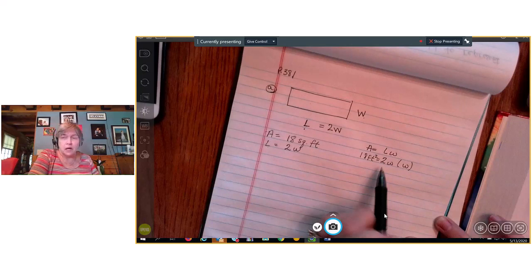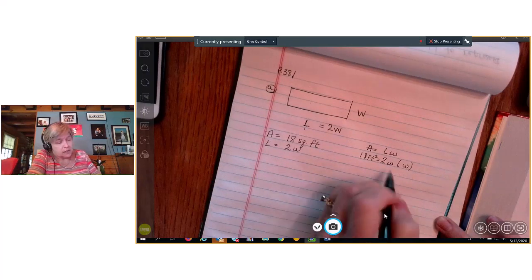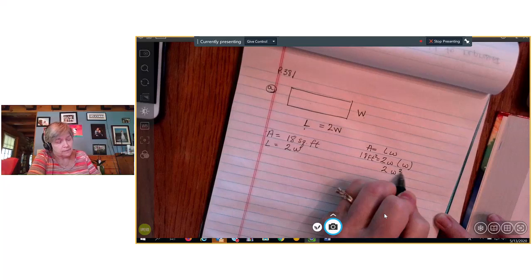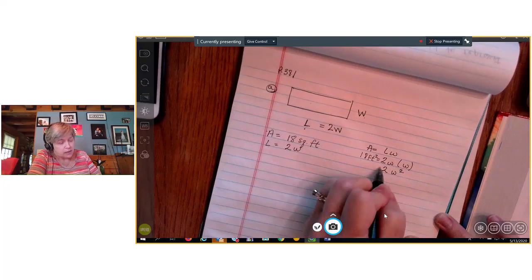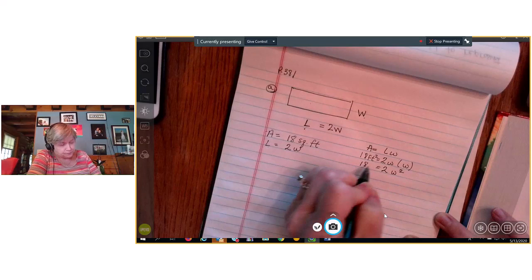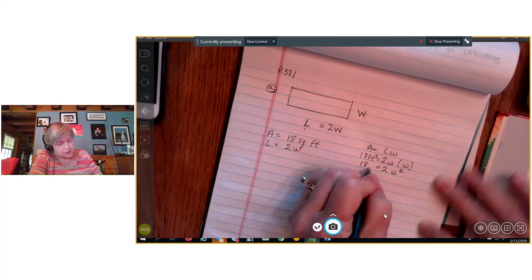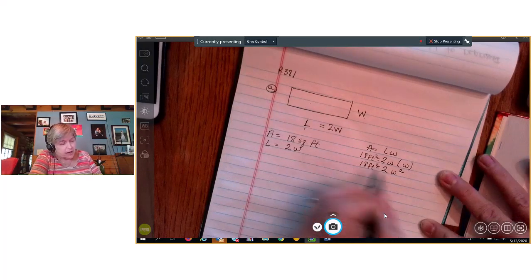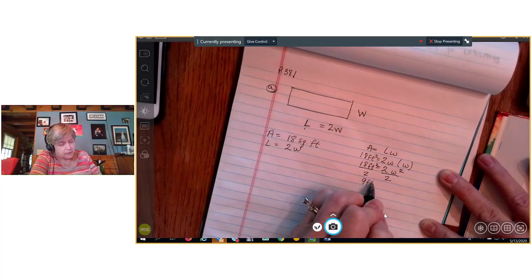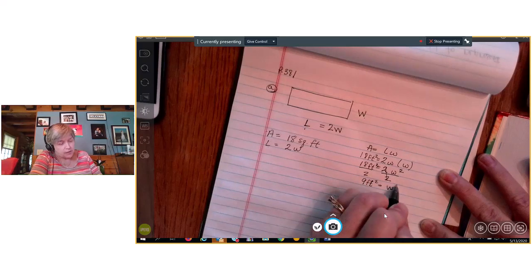So multiply our right side together, we get 2W squared equals 18 feet squared. We divide by 2, we get 9 feet squared equals W squared.